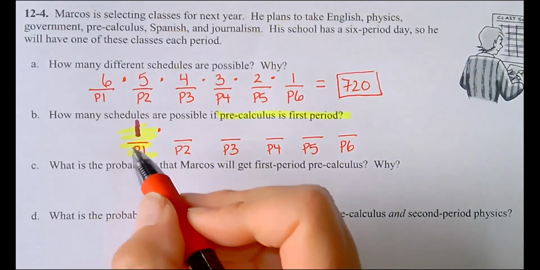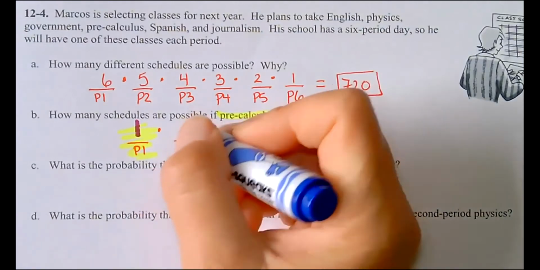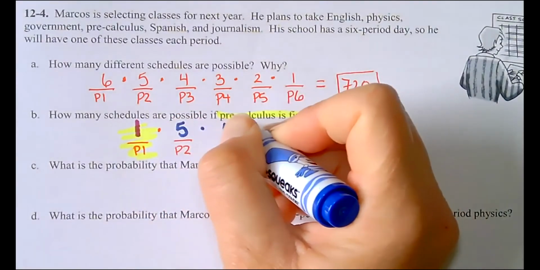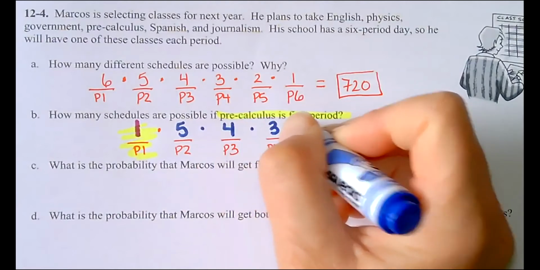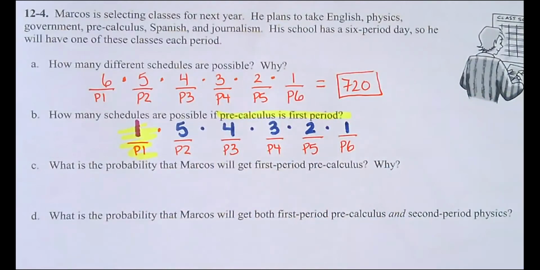So now this one class has been used. So he no longer has 6 classes to pick from. So the next period he has 5, and then 4, and then 3, and then 2, and then 1.